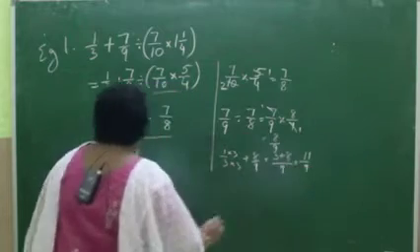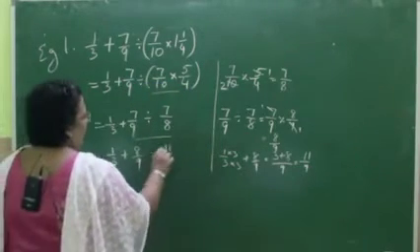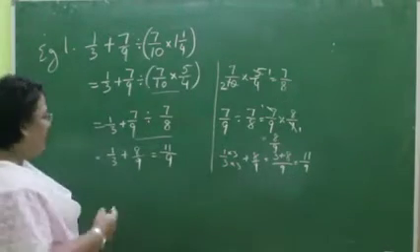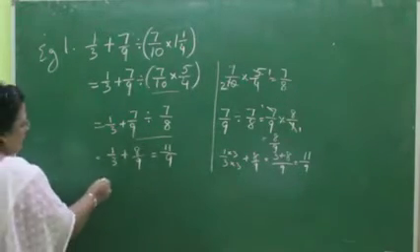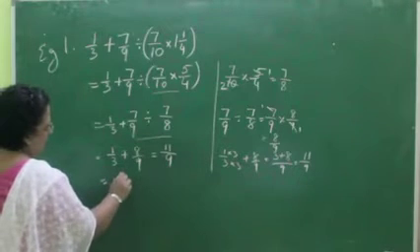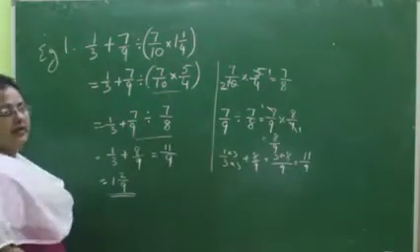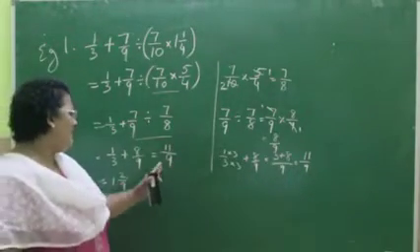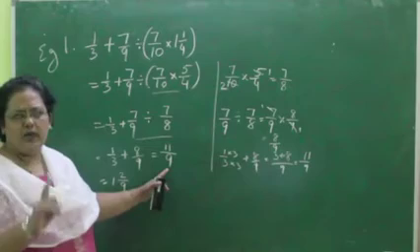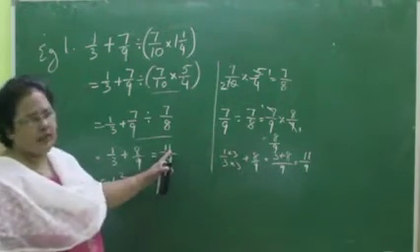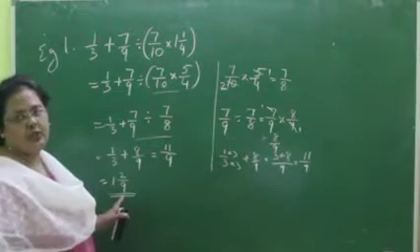So, you are getting 11 by 9. 11 by 9, you can make it into a mixed fraction. So, you are getting 1, 2 by 9. You can divide it if you do not know how to do it. I think it is very simple. 11 by 9. How many times will 9 go in 11? 1 time it will go. So, balance is 2. So, you got 1, 2 by 9.